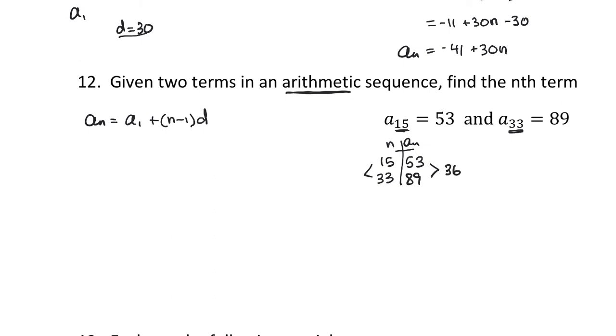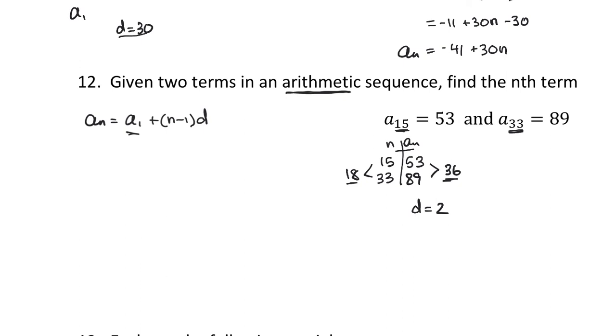And here we could calculate a difference in x values, which would be 18. And then the difference in y divided by the difference in x, 36 divided by 18, means that the common difference is 2. And now that we know the common difference, we need to figure out what this first term is, a sub 1.